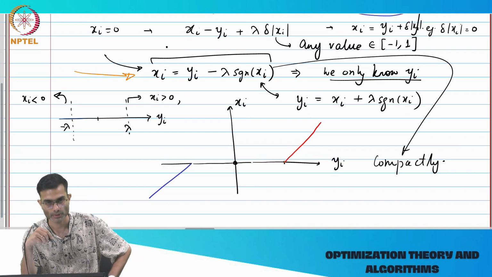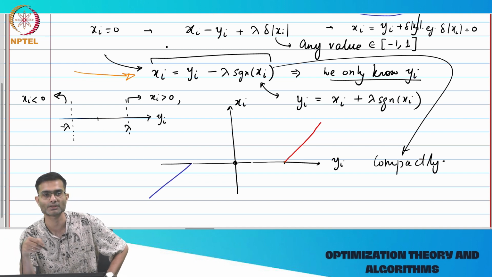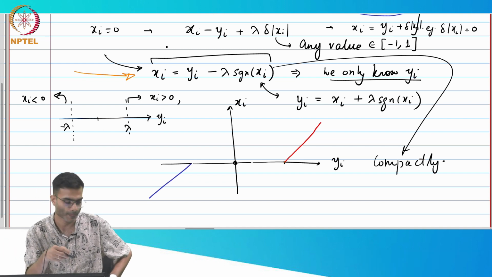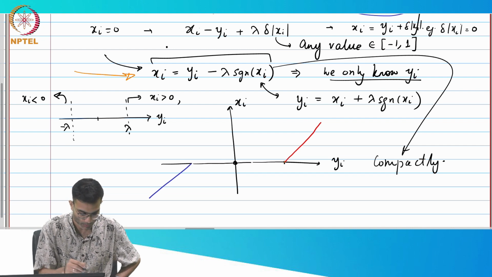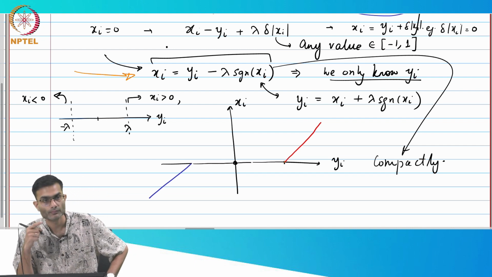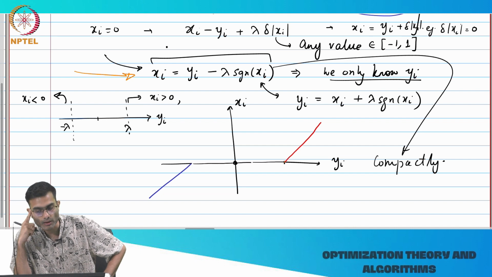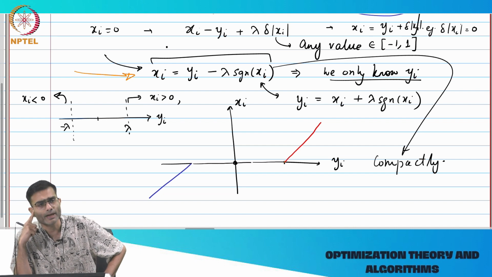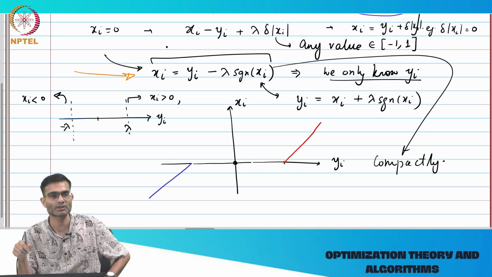Yes, I took the subdifferential as 0. That's why the signum function is floating around everywhere. It's not undefined. I've chosen the subdifferential to be 0.